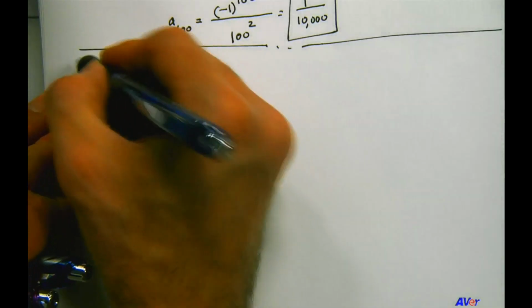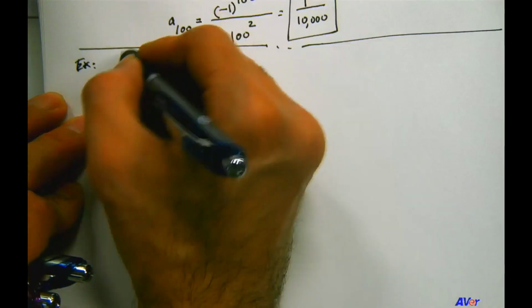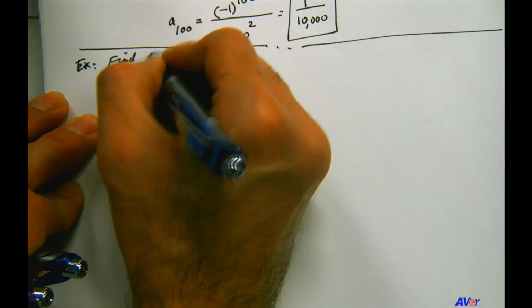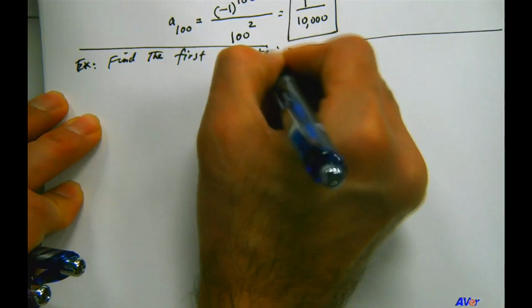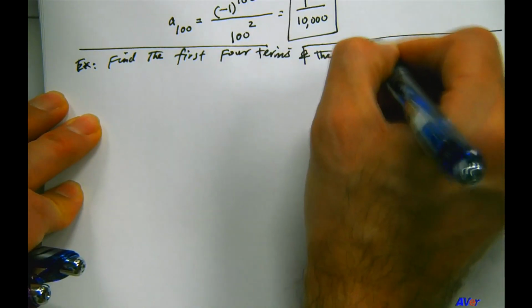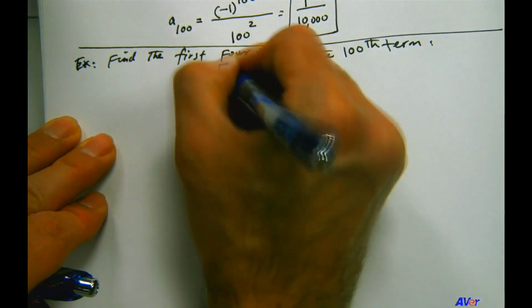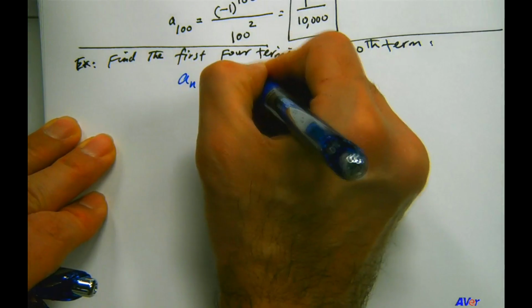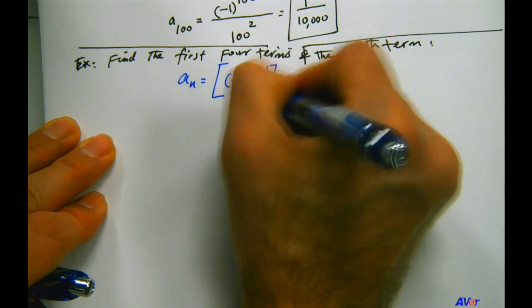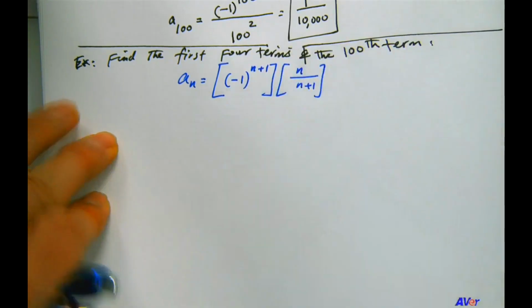Suppose we want to do the same thing: find the first 4 terms and the 100th term in this sequence, which is a sub n equal to minus 1 to the n plus 1 power, all of that times n over n plus 1. Okay, this is our sequence.